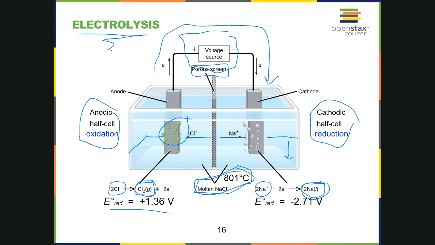So this is probably a ceramic material that has very small holes in it. And so that allows the ions to be in balance between the two sides. So anyway, that's one example of electrolysis.